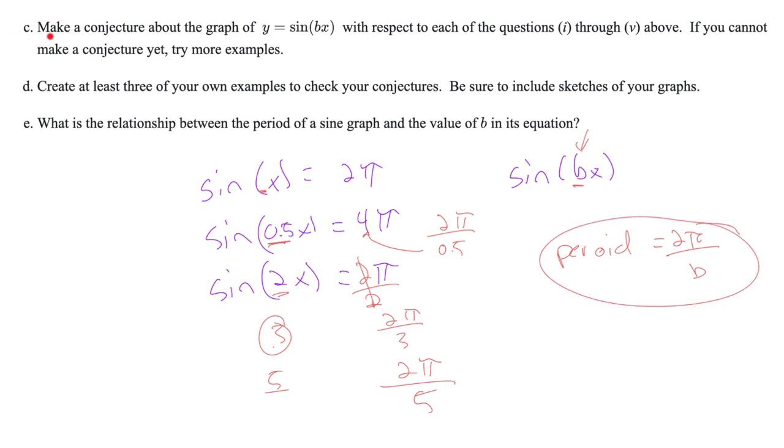These questions here are just trying to lead you more. If you didn't quite find it, then you make some more examples, and then eventually just state this length. So this is our big key topic here. To find the period length or the cycle length, I just need to say 2 pi divided by that number that I have right next to x inside of the sine parentheses there. All right, let's go on to our next one.